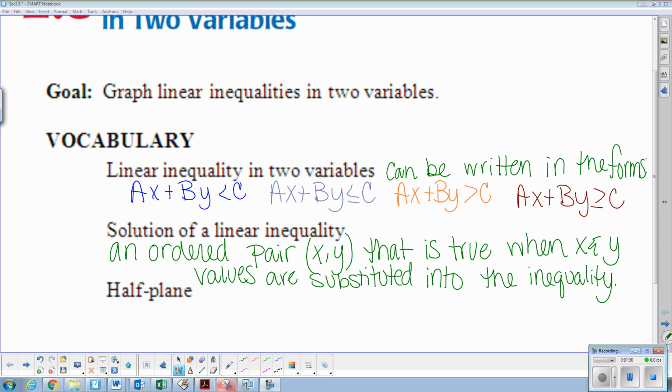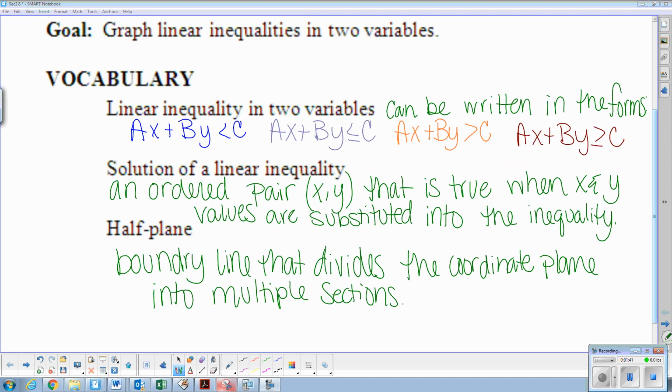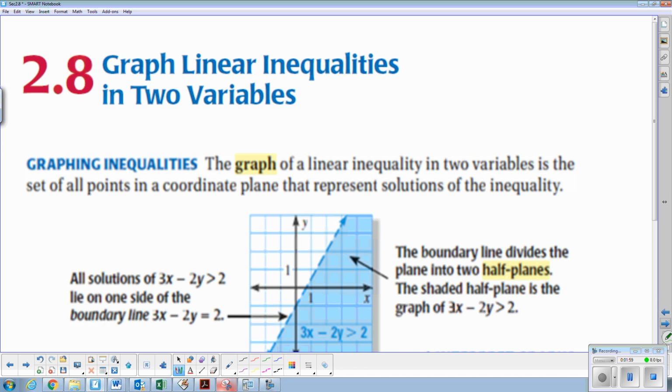And then the last term that we have is called half plane, and this is a boundary line that divides the coordinate plane into two pieces. So here are our three vocab terms: linear inequality in two variables, solution of linear inequality, and half plane. Now let's actually look at what these things mean. So you can follow along in your guided note sheets.